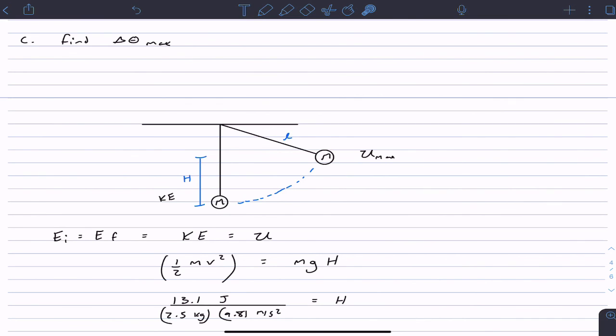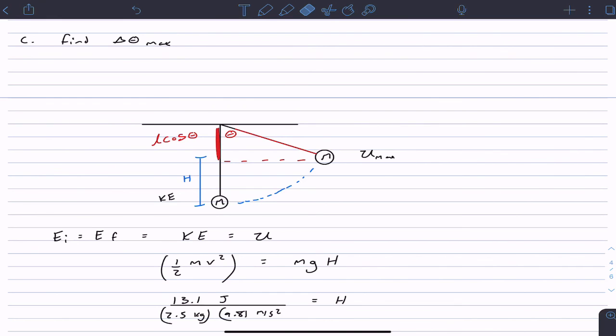We know what L is. We want to find theta. We don't know what theta is. Then this distance here is going to be L cosine theta, right? Because this is L and this is theta. So we have L cos theta.